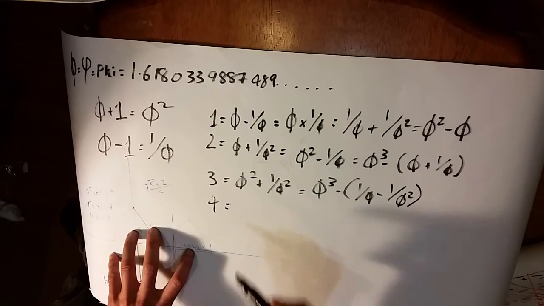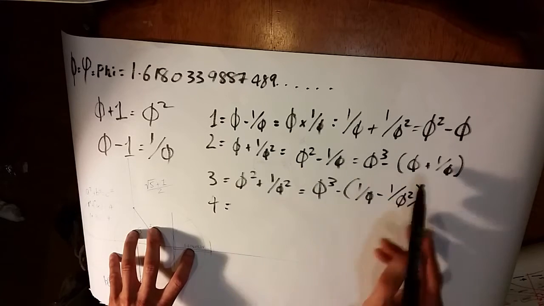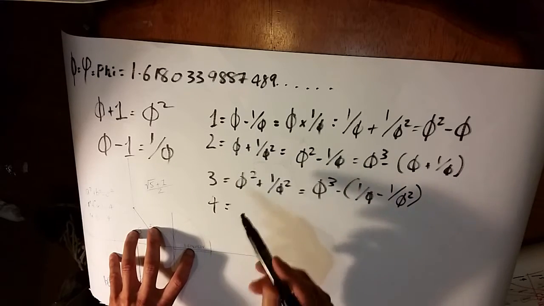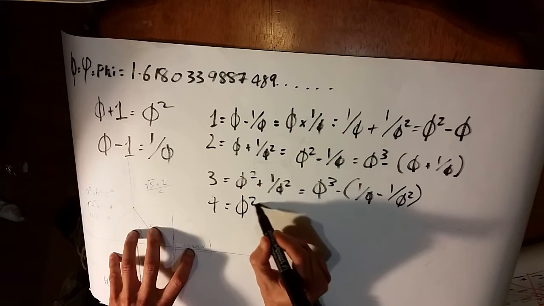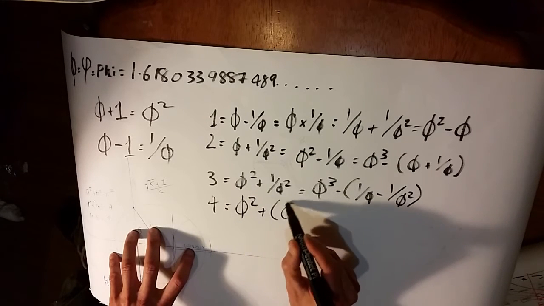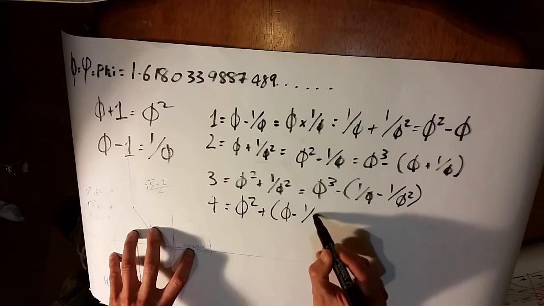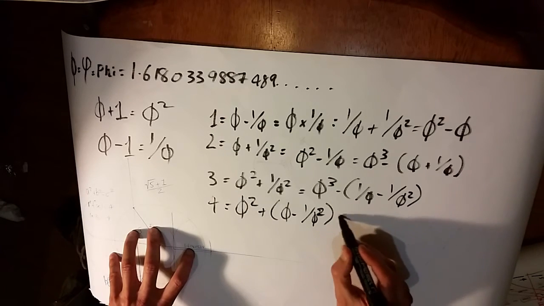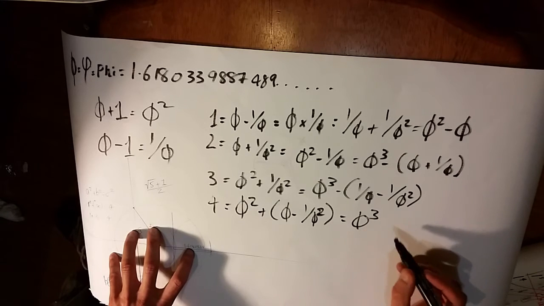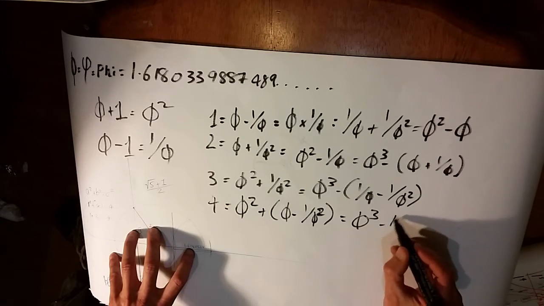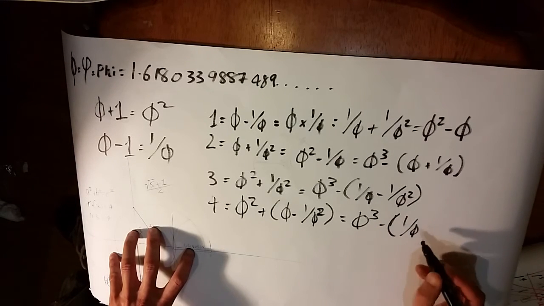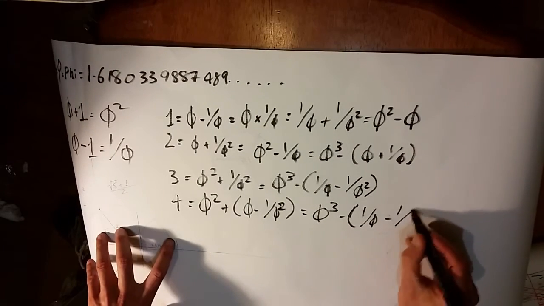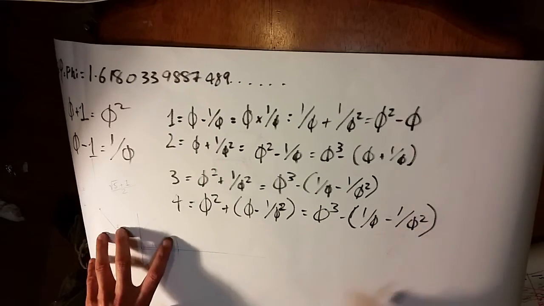Also 4, so we'll directly connect to that, but still phi squared plus phi minus 1 over phi squared, or phi cubed minus 1 over phi minus 1 over phi squared.